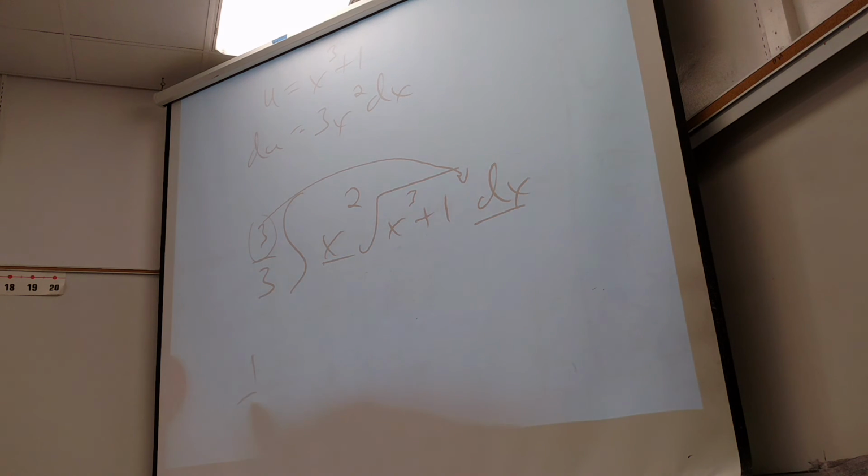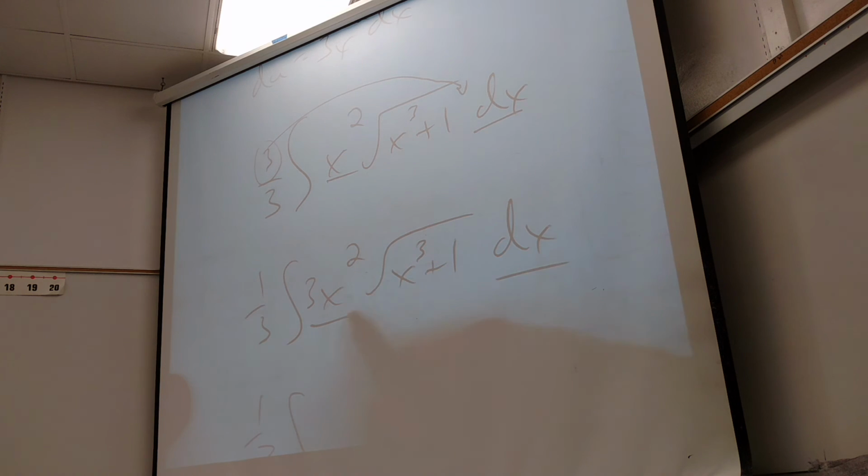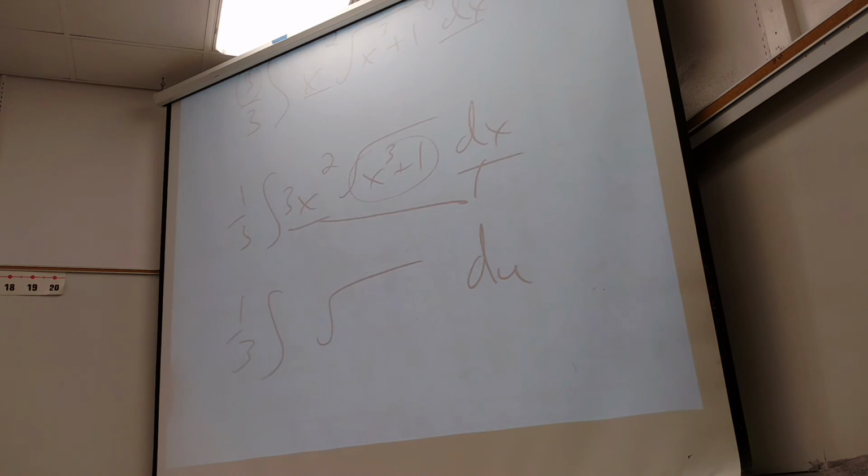So now I've got 1/3 integral of x squared. Well, let me put the 3 there. What's 3x squared dx? du. I like it. So now this is 1/3, this is du, and this will be the square root of u.